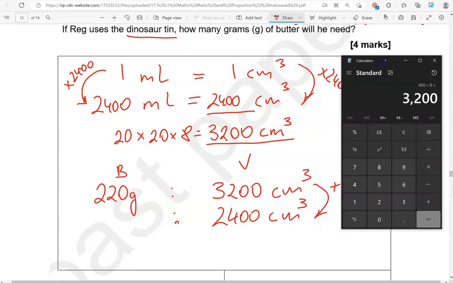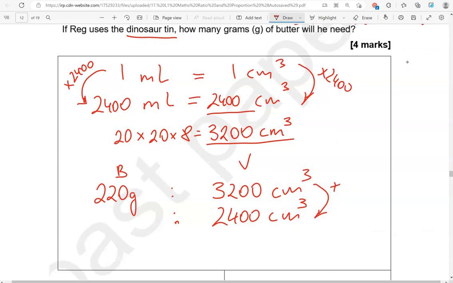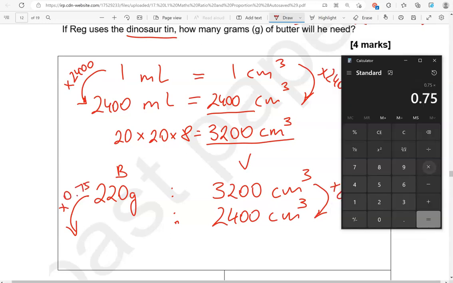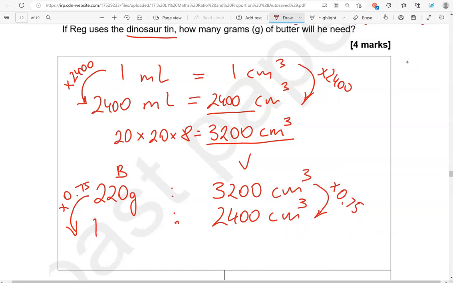So what I'm going to do is 2400 divided by 3200, which is 0.75. So we'll do the same here. Times 220 gives us 165 grams of butter.